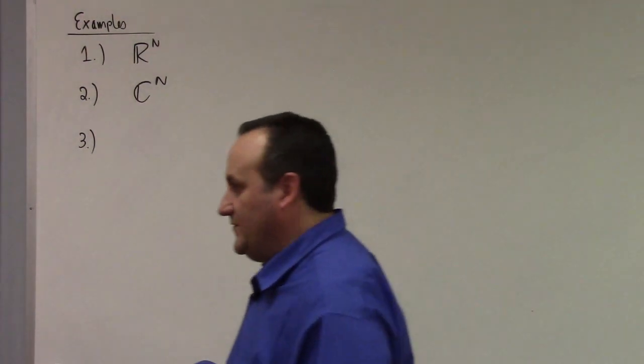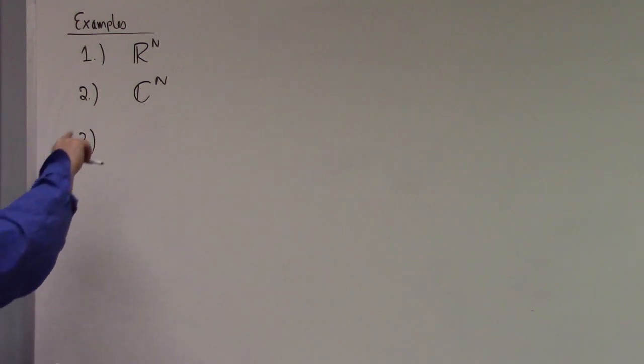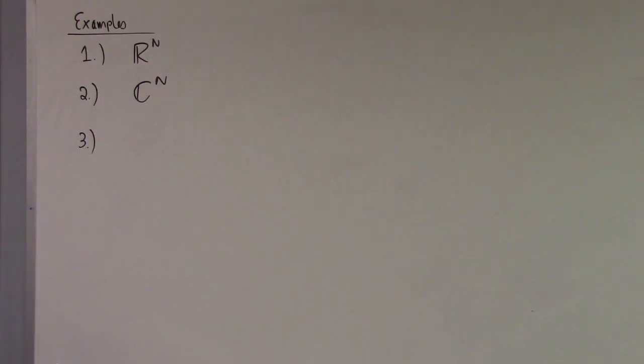So let me just, I'm going to take a slightly more abstract viewpoint than the book here for a second, but you're all good. And you guys know what R^n and C^n mean, right? It's fine. Okay.